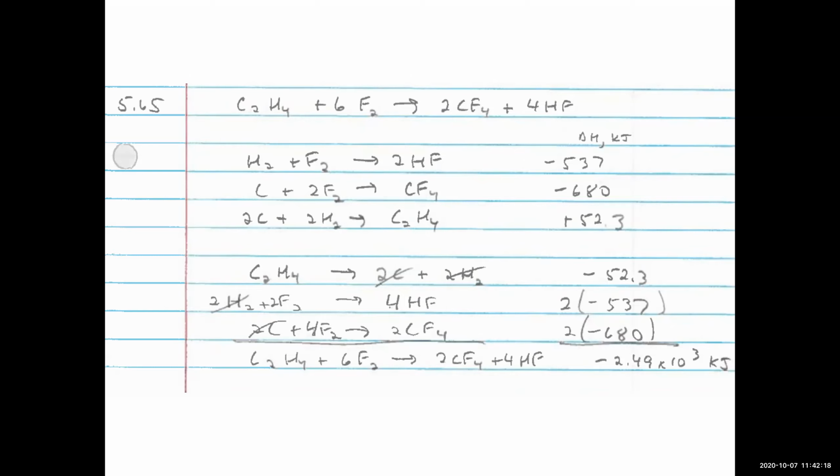But the thing I want to stress is, what did we do? We looked at the equation that we're trying to get to. We looked at some intermediate reactions that can help explain that equation, and we had delta H values on those. Then we had to arrange those equations in a way that they add up to be the reaction that we want.